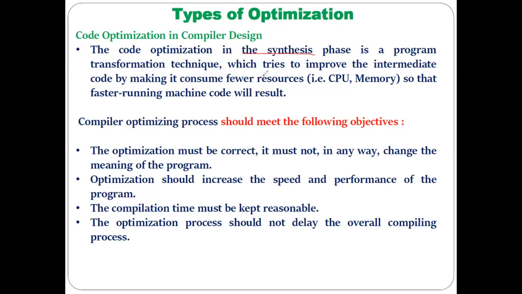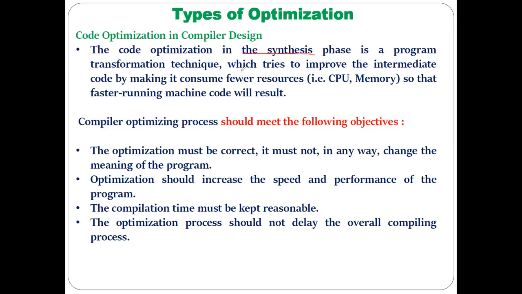Code optimization means modifying the program, that is your intermediate code, before the final machine code generation, rearranging or modifying it so that the program becomes time efficient and space or memory efficient, and the speed of program execution is improved. This modification and rearrangement must be done without affecting the final meaning or output of the program.